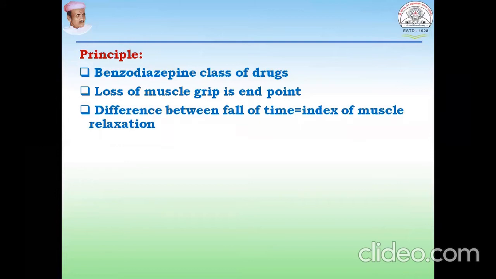Now, you can use two groups. First is the control group, second is the group treated with your standard drug, for example diazepam, or any other unknown drug. Whatever differences are observed in the fall-off time, you use that as an index of muscle relaxant property.